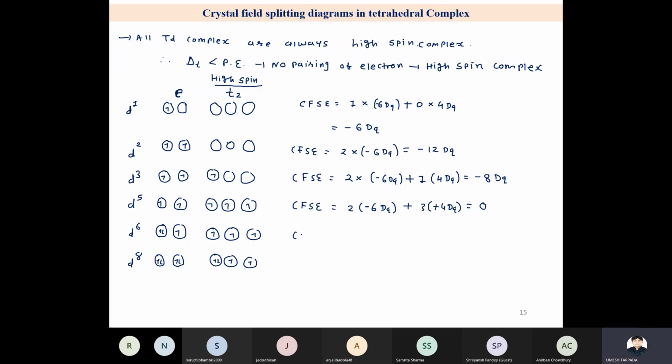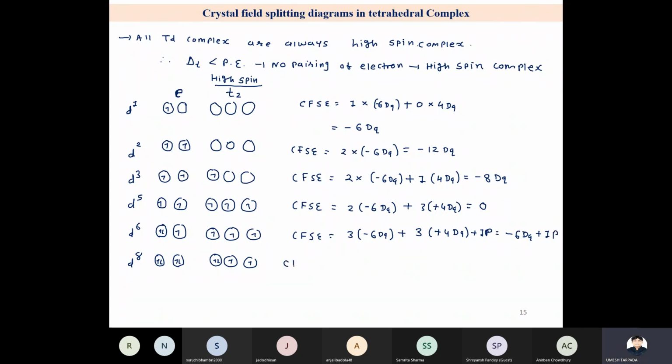For d6, the crystal field stabilization energy is equal to 3 into minus 6 Dq plus 3 into plus 4 Dq, plus 1 electron pair. So your answer becomes minus 18 plus 12, that is minus 6 Dq plus 1P.